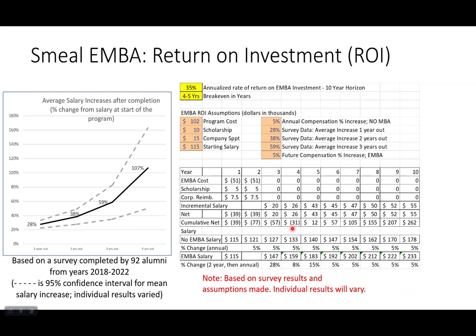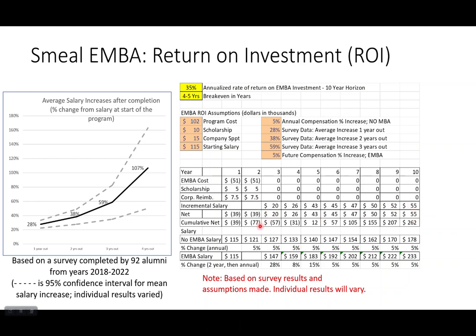And then the question is, how can I calculate a ROI, return on investment? Well, in my finance class, I give you a tool called internal rate of return. Internal rate of return is a way of trying to forecast an annualized rate of return on an initial investment. The initial investment of this EMBA was $77,000. The returns are all these positive cash flows in the future.